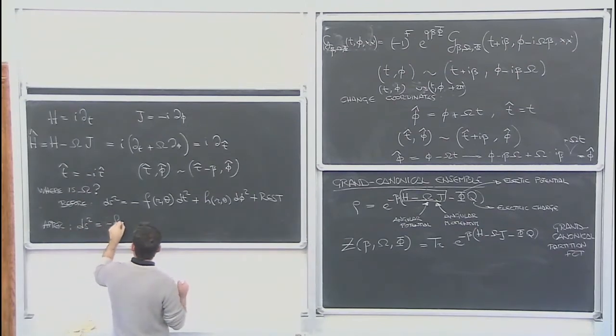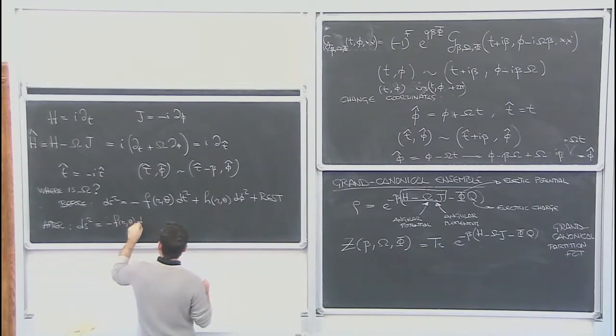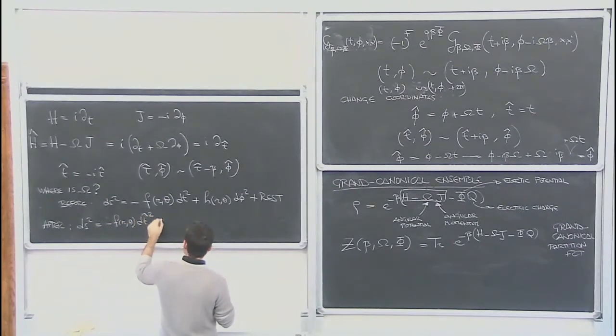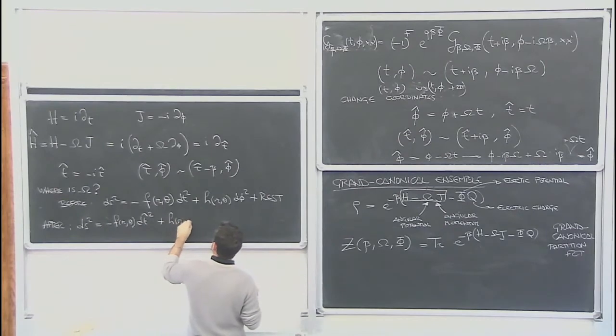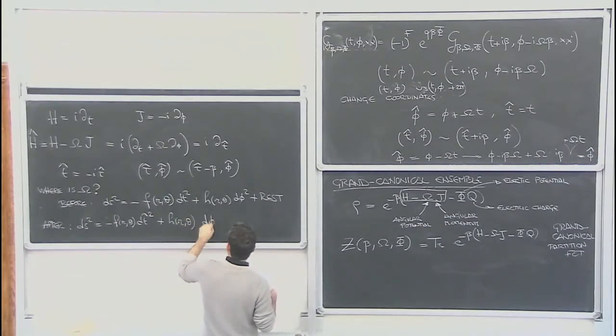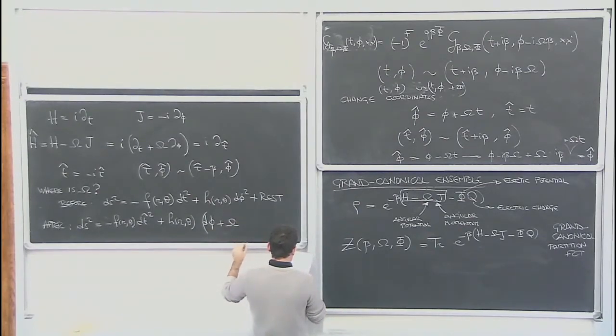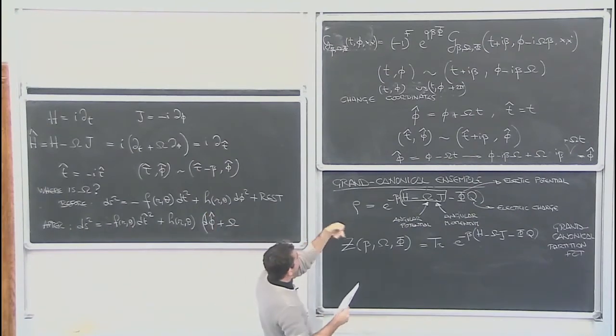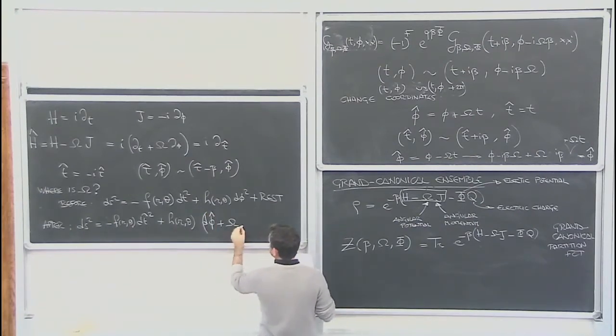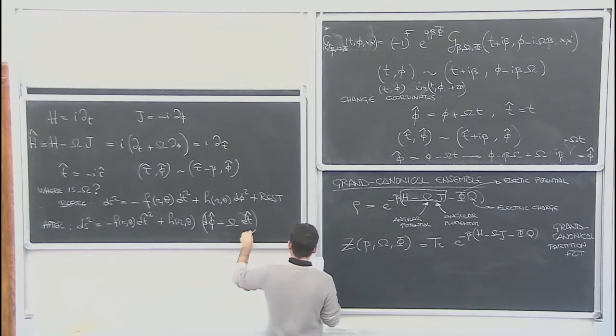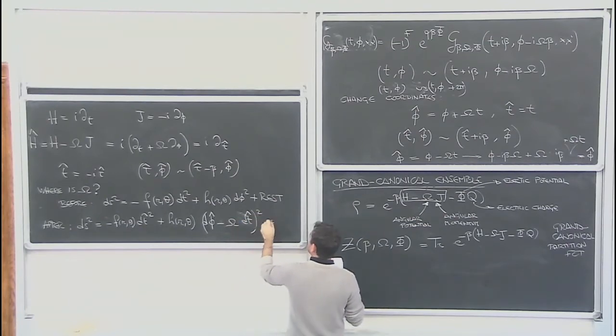Minus f of r, theta, dt hat squared plus h of r, theta, d phi. Now what's the sign we have taken? Phi plus omega t. If I use phi hat minus omega t hat, right? Minus omega t hat, dt hat squared plus rest.